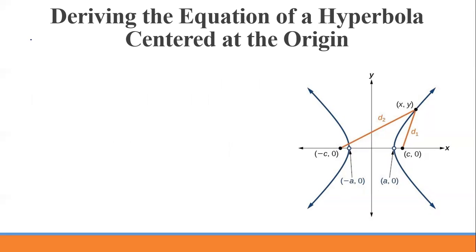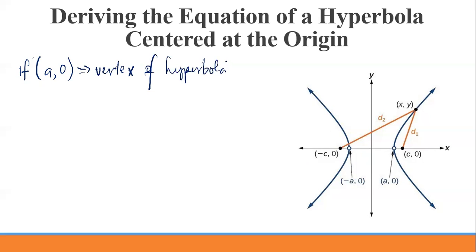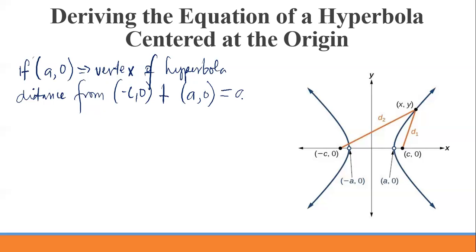All right, so if (a, 0) is a vertex of the hyperbola, the distance from (-c, 0) to (a, 0) is a minus negative c, which equals a plus c.